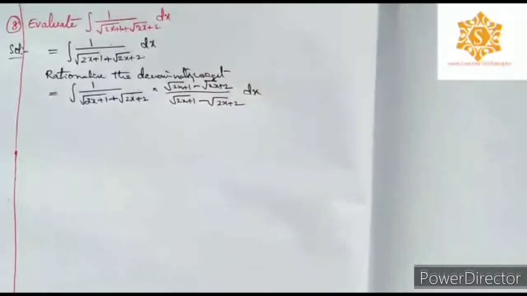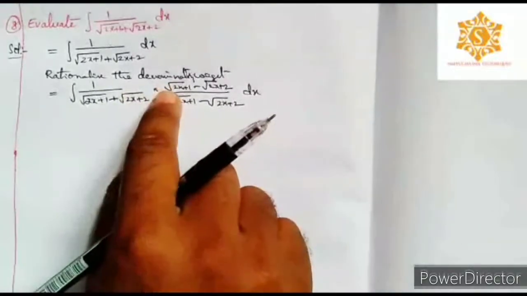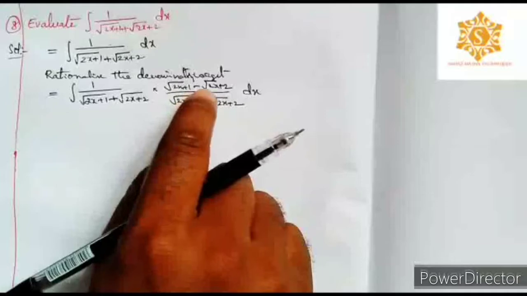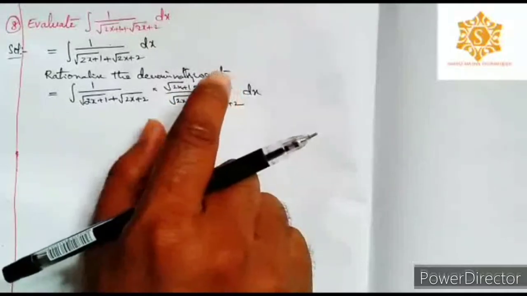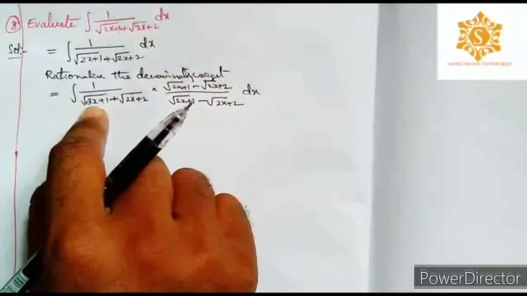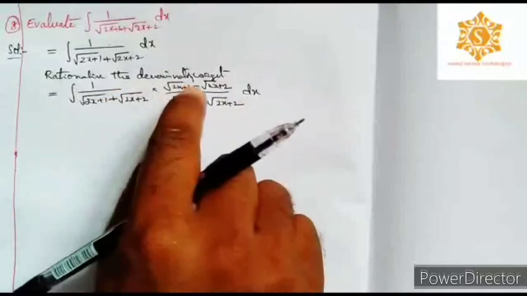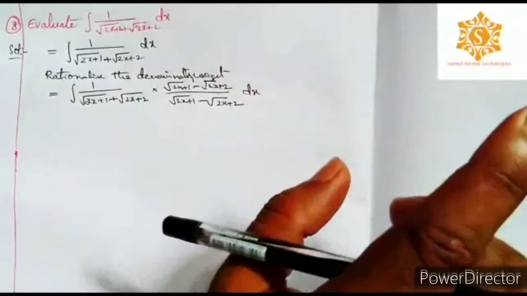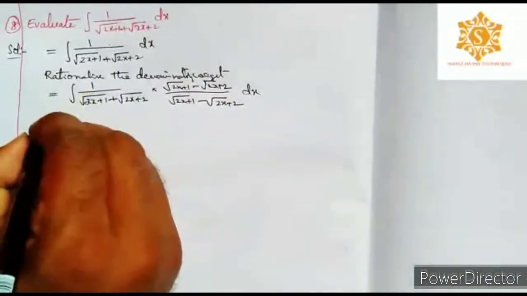Why do we have to multiply the numerator and denominator by square root of (2x+1) minus square root of (2x+2)? It is the conjugate of the denominator. Just changing the plus to minus, we get the conjugate.